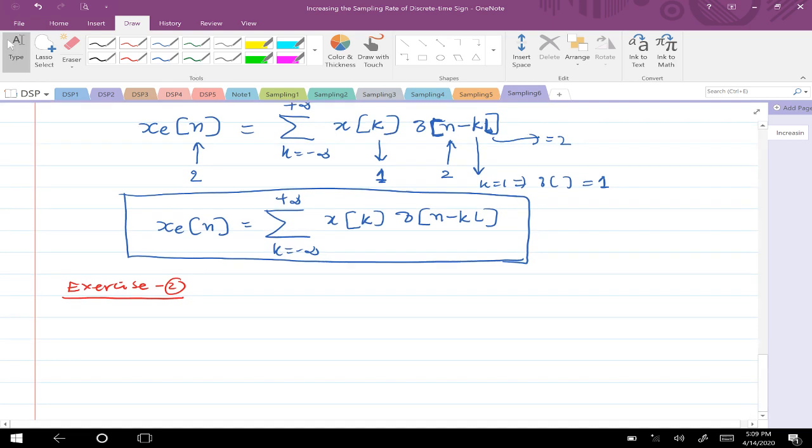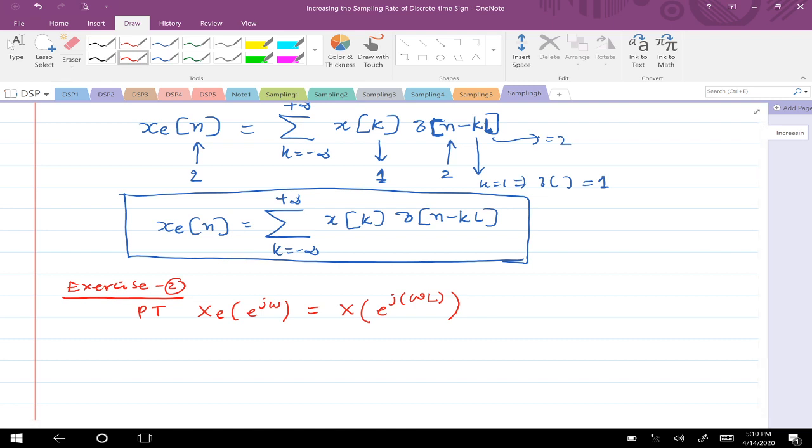To cross check, I'll also give you the answer as if it's something you need to prove. So prove that the discrete time Fourier transform of Xe of n is equivalent to X of e power j omega times L. This is the second exercise for you.